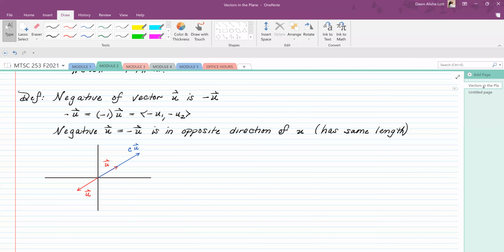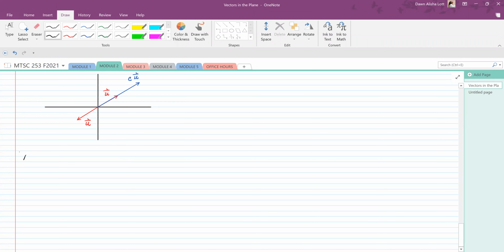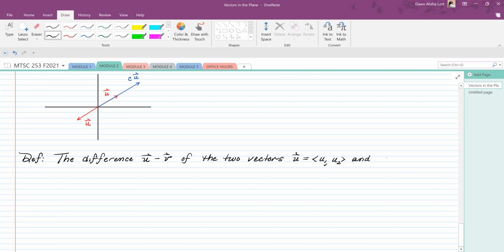All right, so let's talk about differences of vectors. The difference U minus V of the two vectors U equal to U1, U2, and V equal to V1, V2 is to take U minus V, but that is just U1, U2 minus V1, V2.